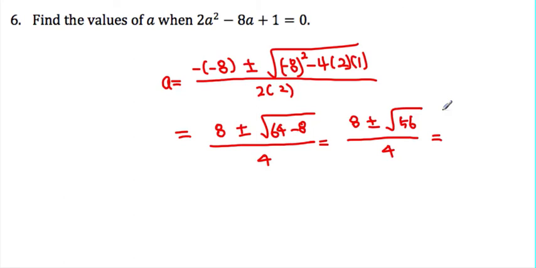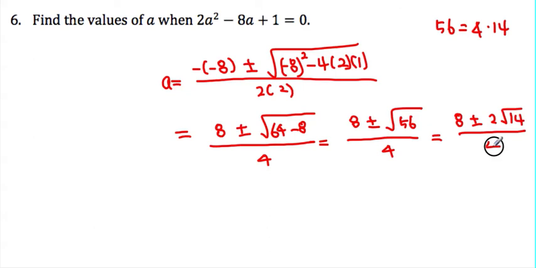In fact, when you look at this one, 56 is 4 times 14, so we get to simplify this one as 8 plus or minus 2 square root of 14 over 4.